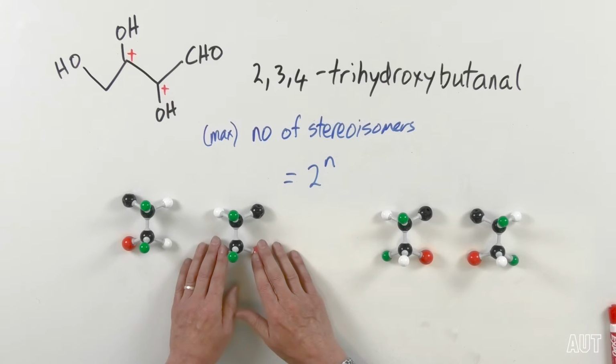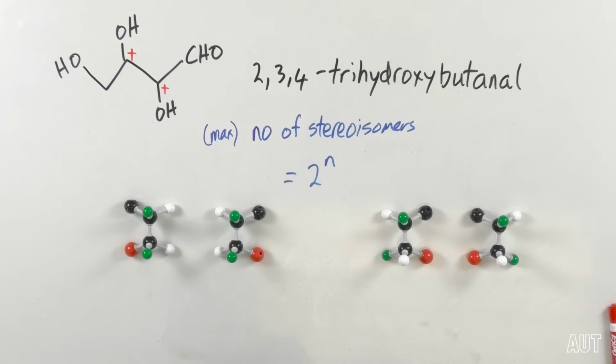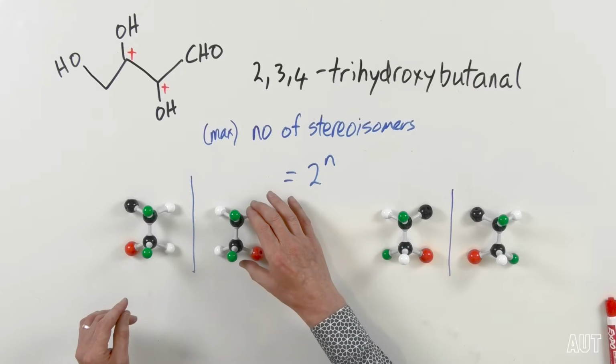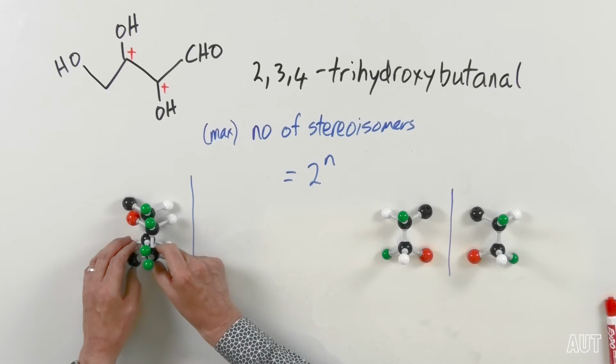Okay, so look at these guys. You can see straight away that these two are mirror images of each other, and that these two are also mirror images of each other, okay? Now, are they superimposable mirror images of each other? And the answer is no, they're not.